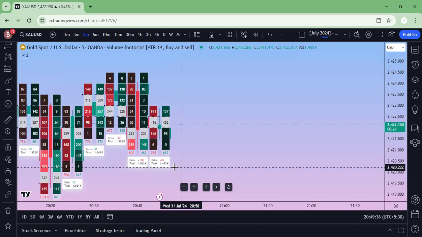Now I understood what exactly you mean by footprints. It is nothing but dissecting a particular candle into different price bands, with the quantity and with the most traded price, I guess. This would be the criteria behind this.